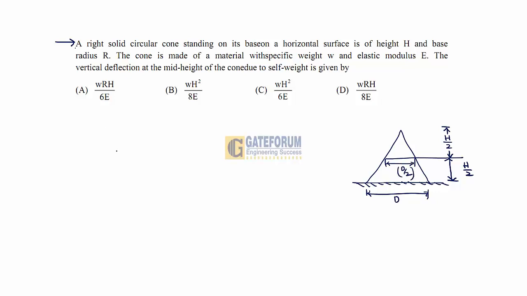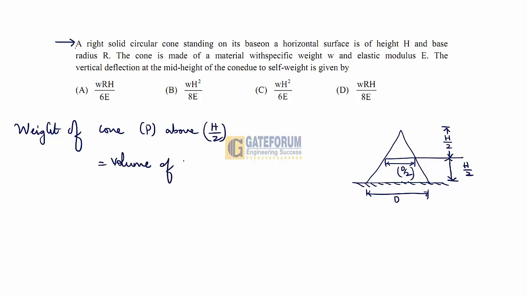So now the weight of the cone, that is P above h by 2, is equal to the volume of the cone above h by 2 into specific weight.